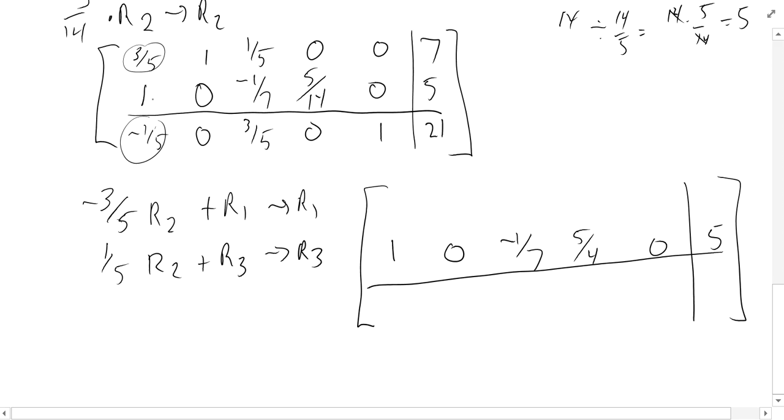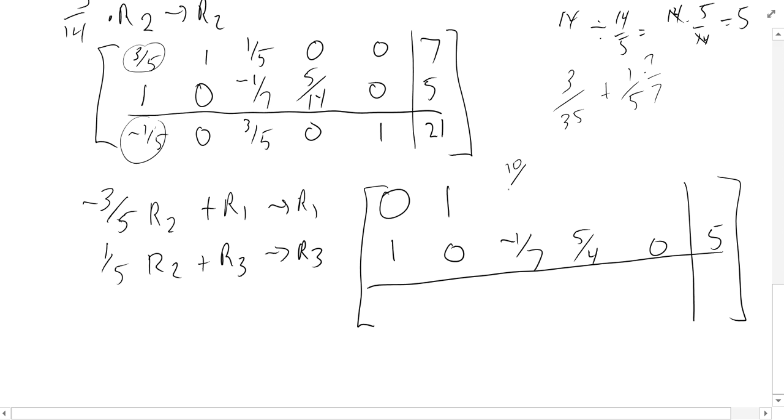So negative 3/5 times 1 plus positive 3/5 would give us 0. Negative 3/5 times 0 plus 1 is going to stay 1. Negative 3/5 times negative 1/7 is going to give us 3/35, and I need to add 1/5 to that. So if I multiply by 7, I'll get a common denominator there. So 35 on bottom, and I'll have 10 on top.